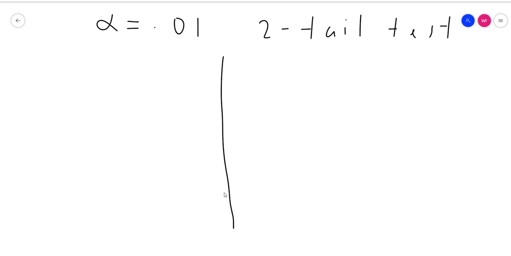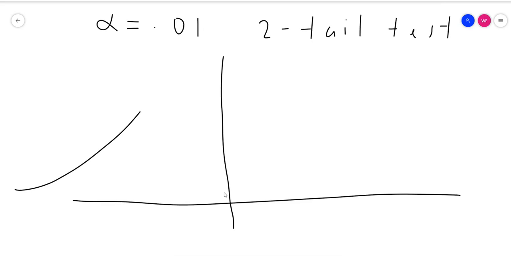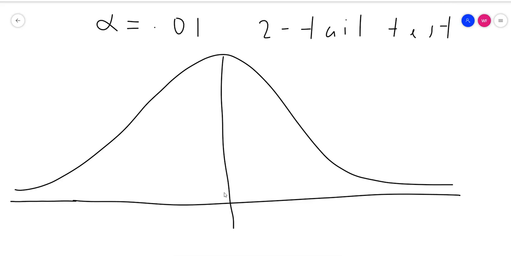So if I draw this distribution, which is very similar to the standard normal distribution, but this is called a t-distribution. I'd go into a long math major discussion about that, but I'm not going to.